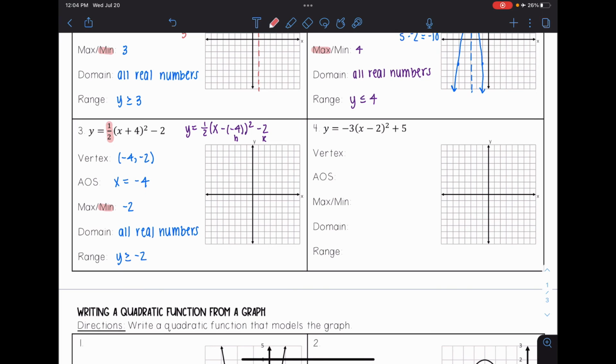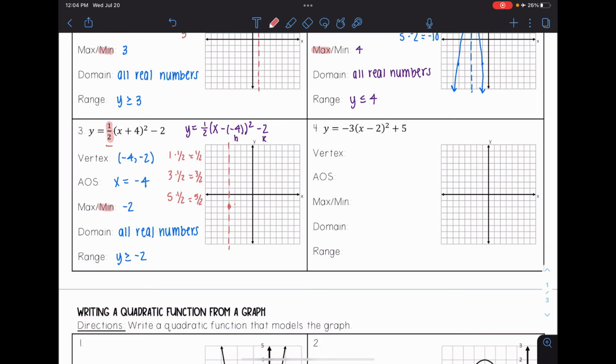Next, I want to graph this. I'm going to graph my vertex first, which is negative 4, negative 2, and draw in my axis of symmetry. Then I follow that 1, 3, 5 rule, but I need to multiply it by my a, which is 1/2. So I'm going to go up 1/2, 3 halves, and 5 halves.